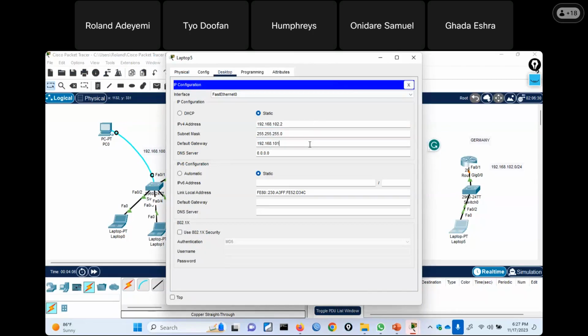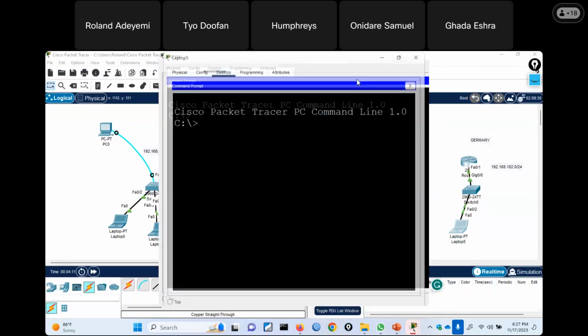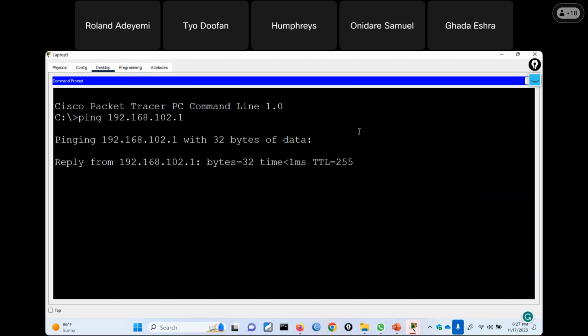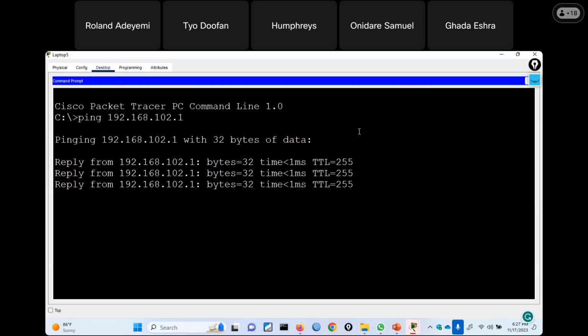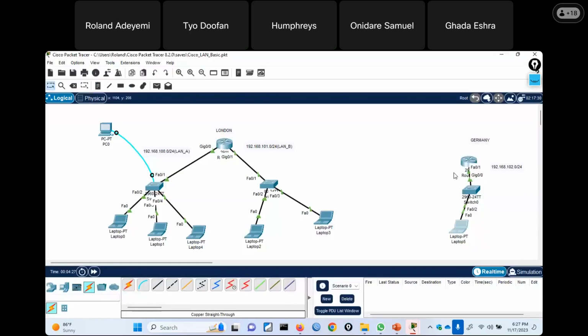Then tell the computer about its gateway. Then make sure you can reach that gateway. Don't forget, you build, you verify. So now, this computer in Germany can talk to its gateway.